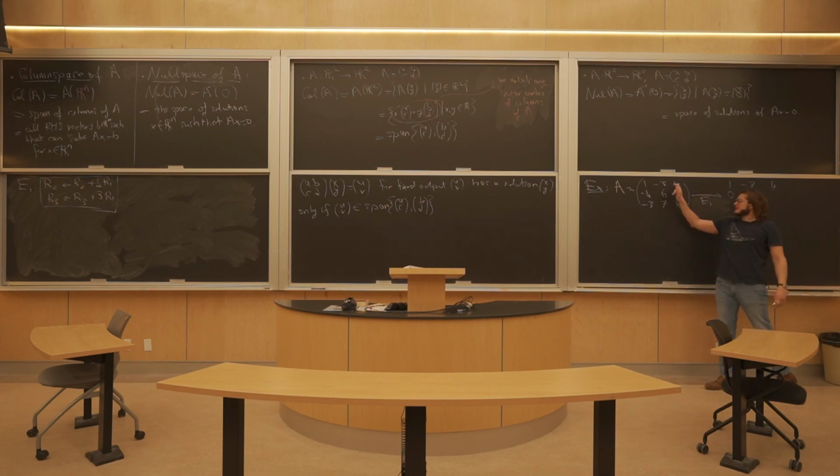I'm adding 4 times the first row to the second row. 4 times minus 3 is minus 12. So this is minus 6. 4 times 4 is 16, so this is 14. And then add 3 times this to this. This is 0. Now this is minus 2. And then this is 18.